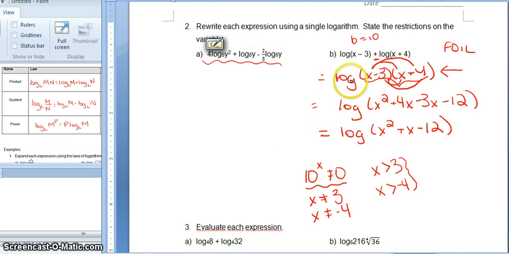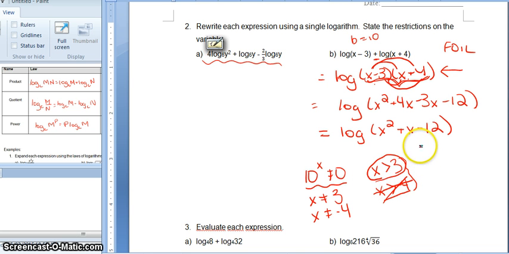So I would say we can't use x greater than negative 4, because this is in general, so it's looking at both of these. So if I put in x is equal to negative 4 in the first factor, that's going to give us negative 7 there. So we can exclude this one. So you have to go with which one will always give you a positive value for both factors. So exclude that smaller one and go with the bigger one.